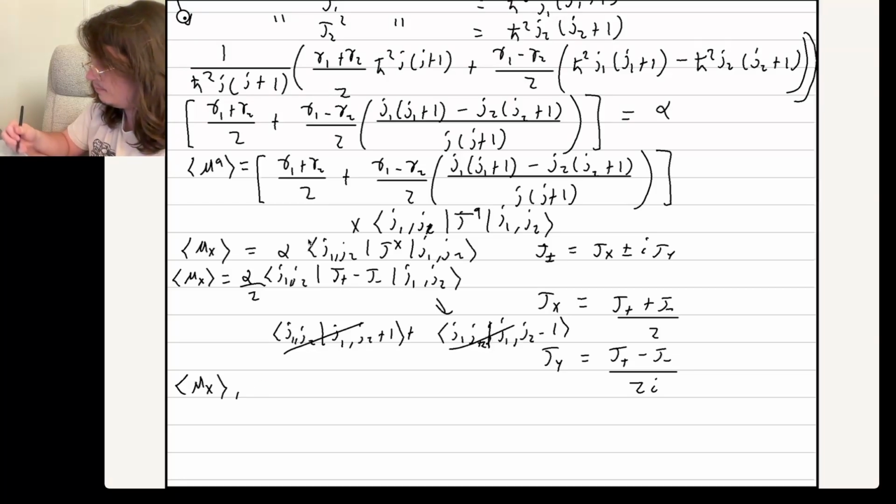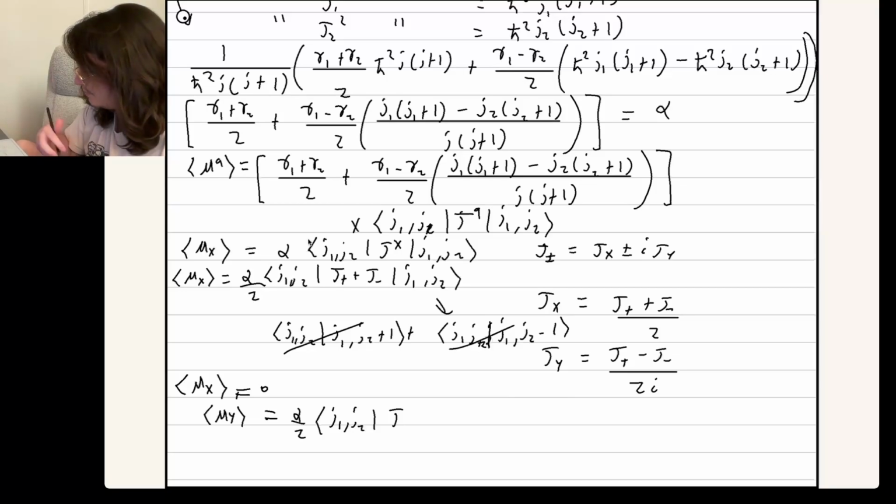Similarly for mu y, when you plug in the relationship between J_y and the raising and lowering operators, that was supposed to be a plus up there, but it doesn't matter. It's supposed to be 2i, so J plus minus J minus.